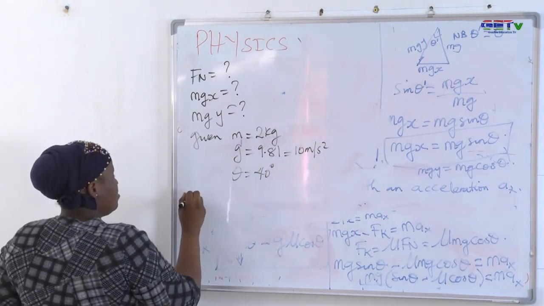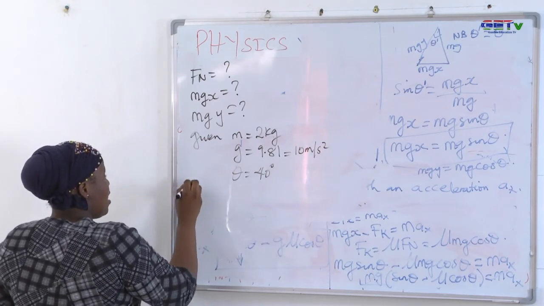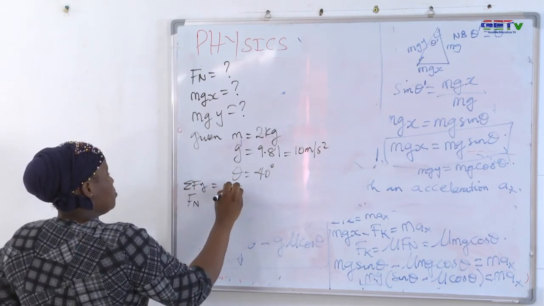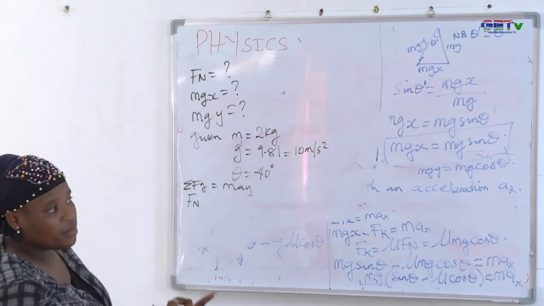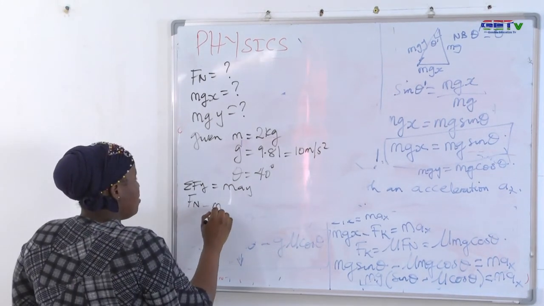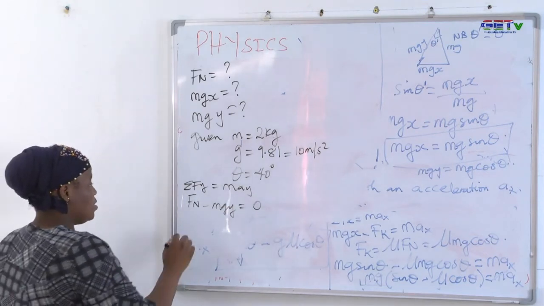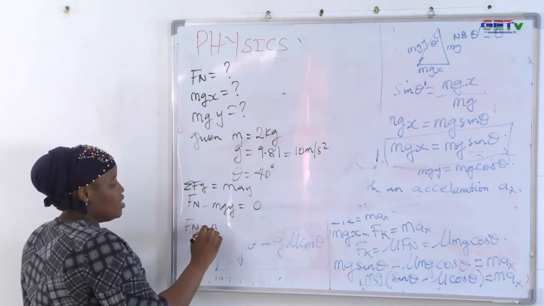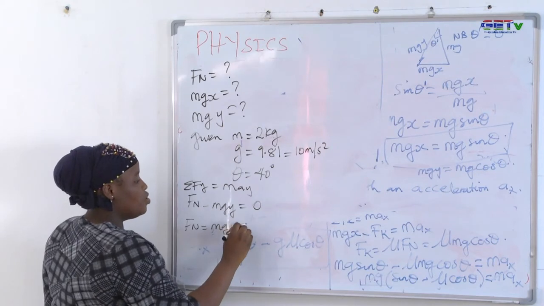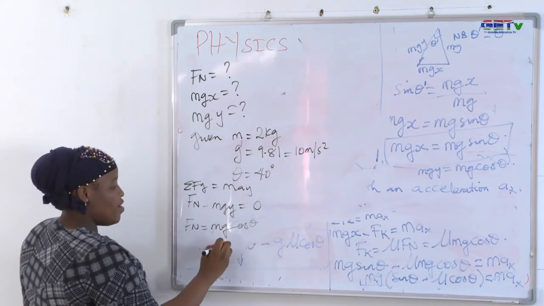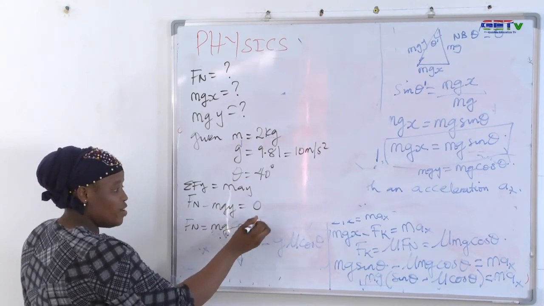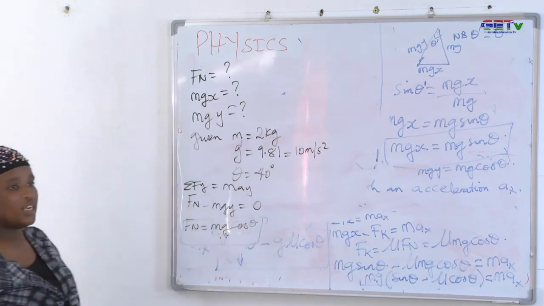We know Fn. The forces acting on the y-axis are Fn minus mg of y, which is equivalent to 0. There is no acceleration on that axis. And that will be Fn is equivalent to mg cosine theta. We know mass, gravity, and cosine of theta. You substitute into the equation and obtain that.